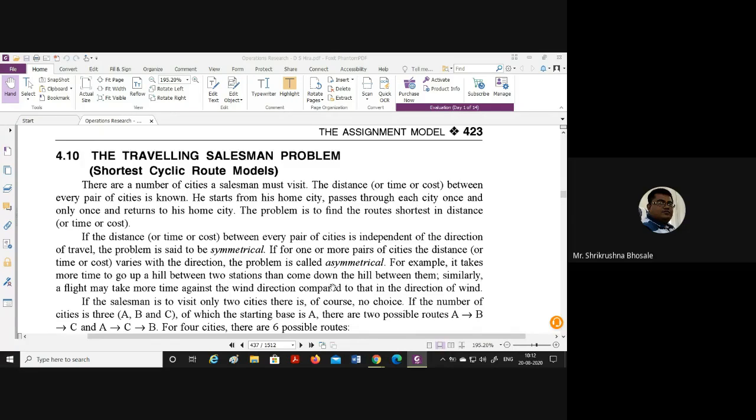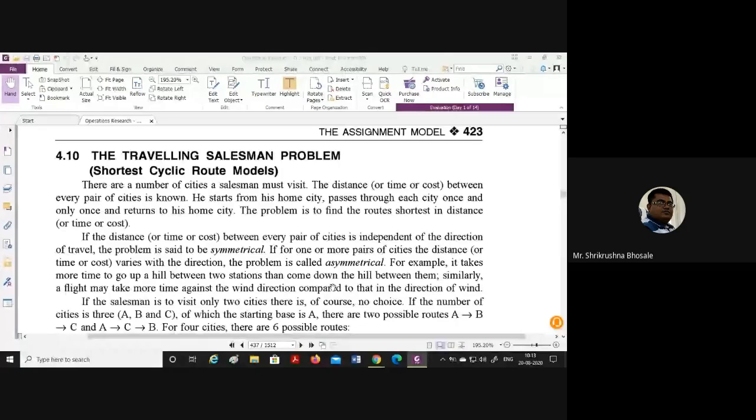Then that salesman starts from his home city. Suppose the salesman is from Pandharpur. We are taking the example Pandharpur, Mohol, Solapur, Barshi. These four cities are required to be visited.